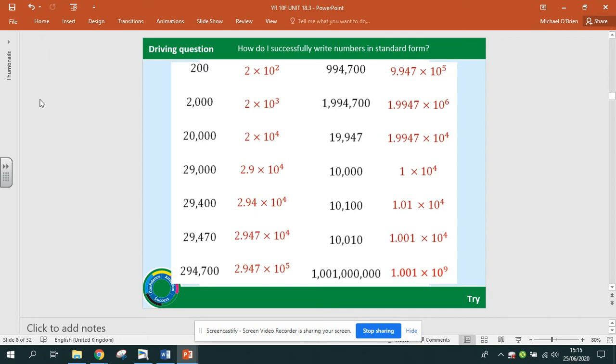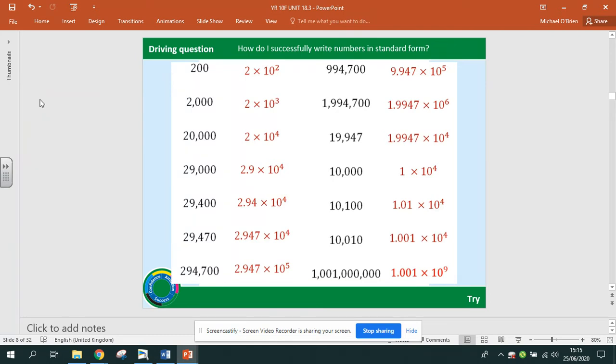994,700, 9.947 times 10 to the fifth. 1,994,700, 1.9947 times 10 to the sixth. 19,947, 1.9947 times 10 to the fourth. 10,000, 1 times 10 to the fourth. 10,100, 1.01 times 10 to the fourth. 10,010, 1.001 times 10 to the fourth.